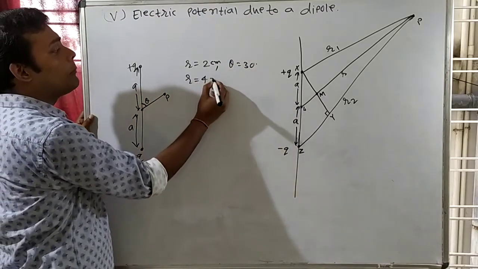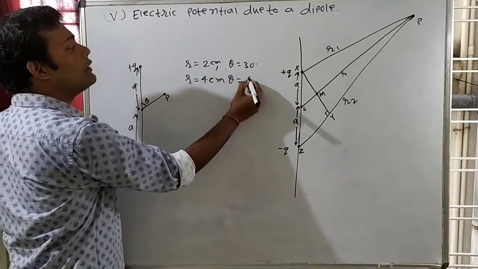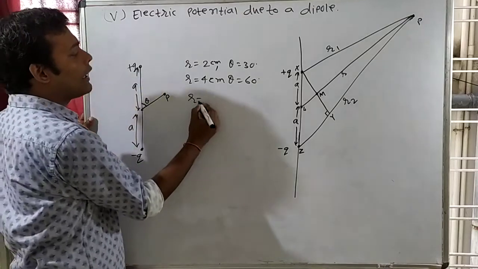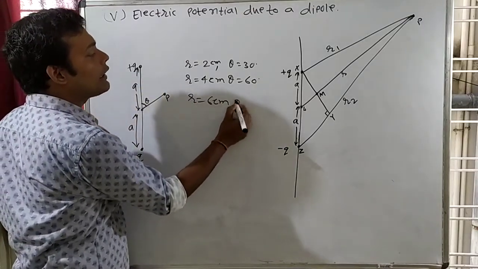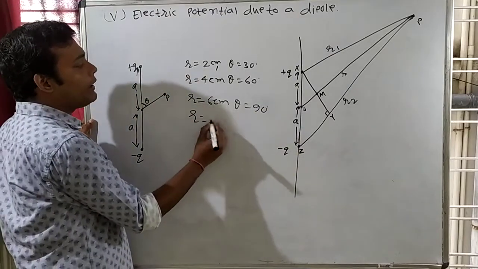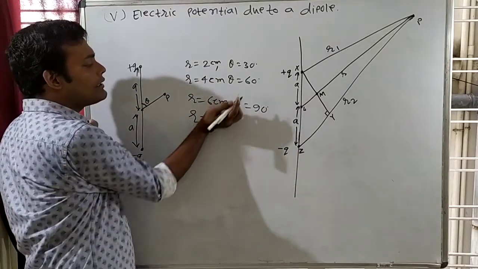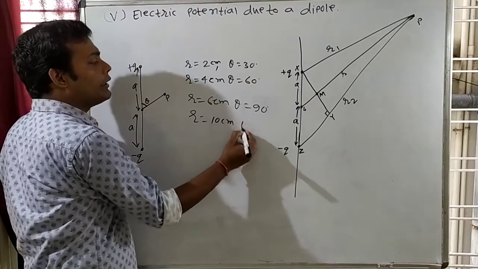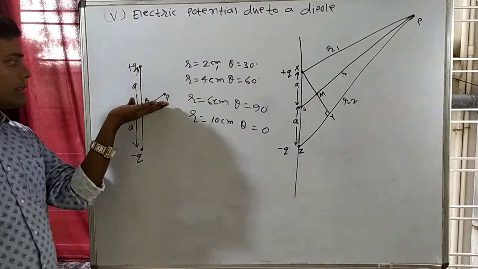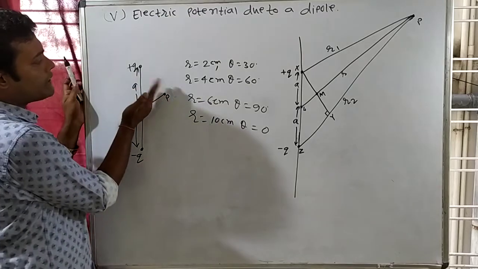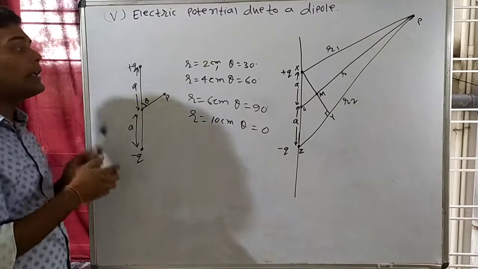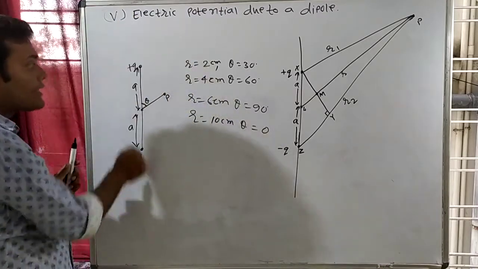Or r can be 4 centimeter and theta can be 60 degree, or r can be 6 centimeter and theta can be 90 degree. Or r can be 8 centimeter or 10 centimeter and theta can be 0 degree. Theta 0 means theta is equal to 0. That means this point will come on the axis of the dipole.